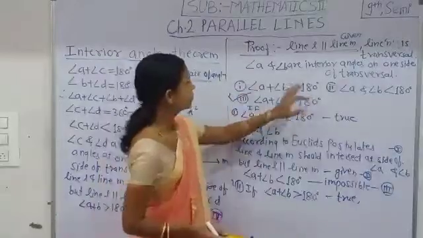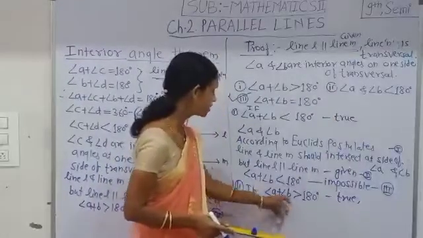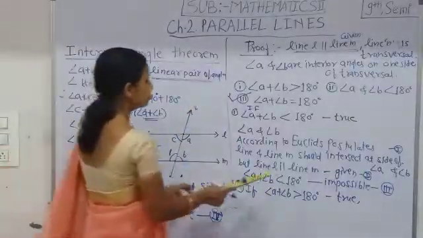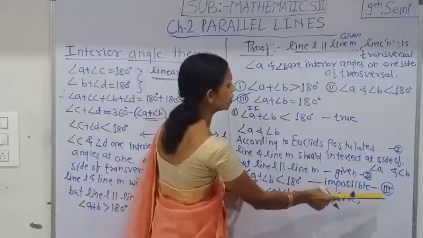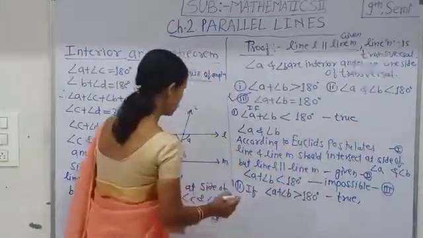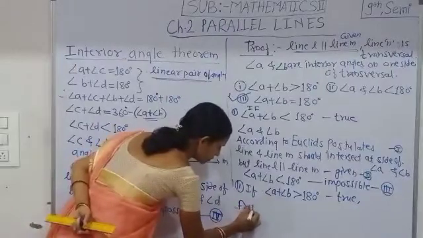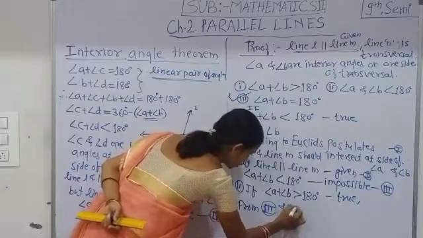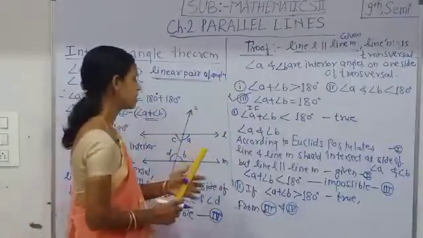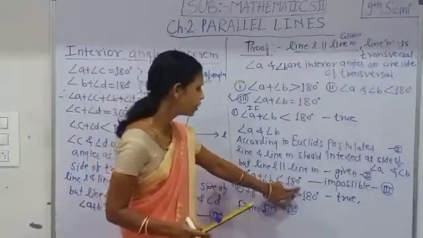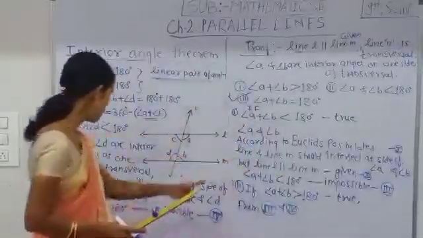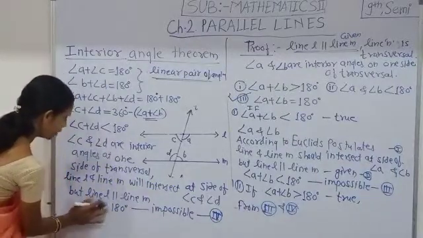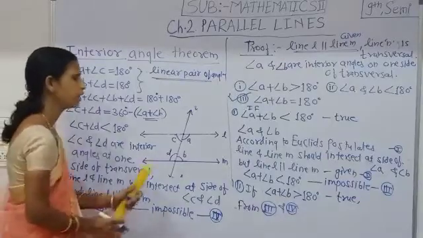The other statement, that angle A plus angle B is less than 180, is also impossible according to statement 3.